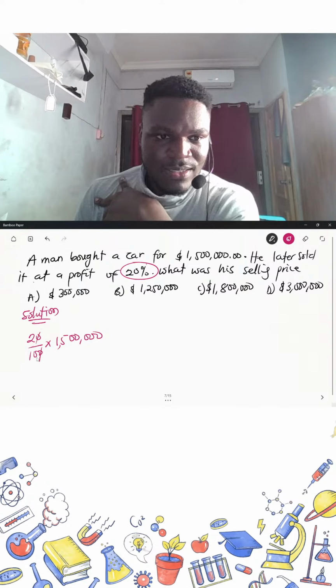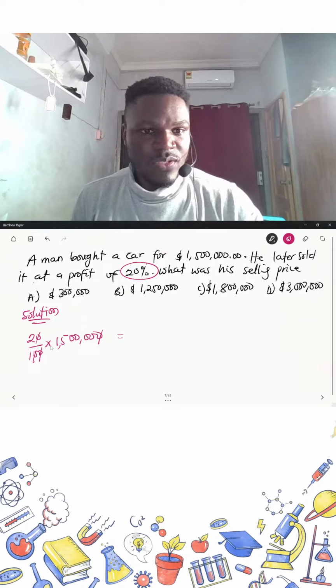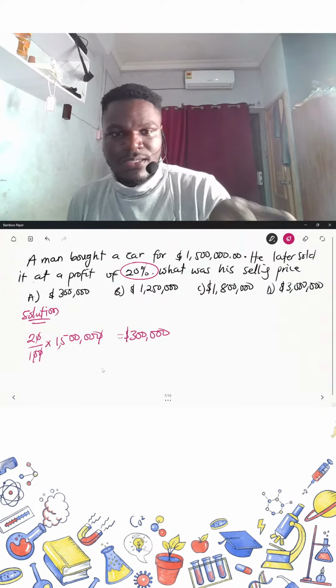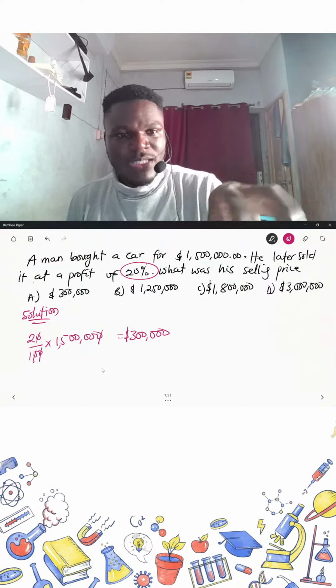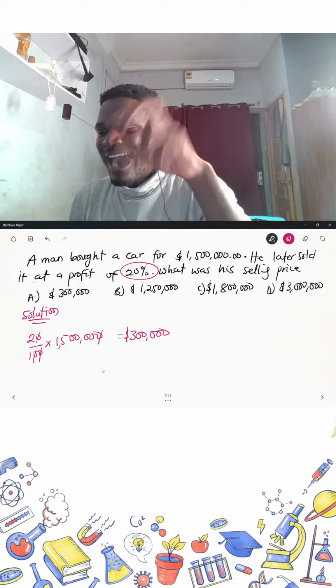This will cancel this, and this will also cancel this. And then we now have 2 multiplied by 150,000, and that will give us $300,000. So 20% of the cost price is 300,000.